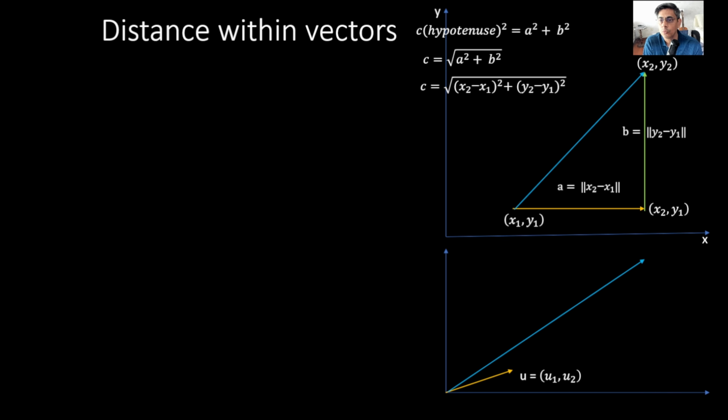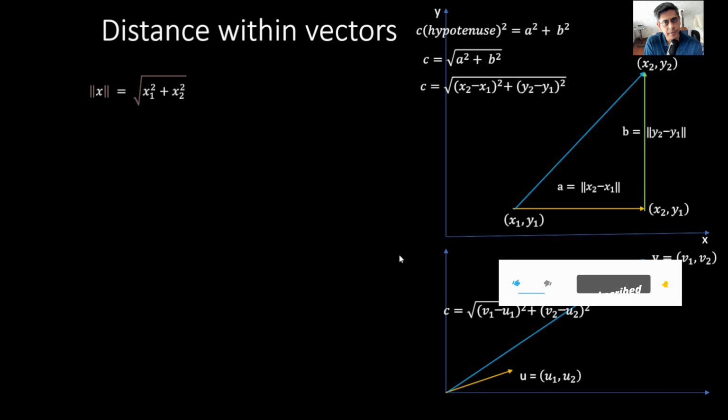And then vector v, which was x2, y2, can now be presented as v1 and v2. They are the two components of these two vectors, right? Now we can substitute in this formula, x2 minus x1, with x2 as v1 and x1 as u1, and similarly v2 minus u2 squared, which gives you the distance formula for vectors as well. So this is the scalar distance for these two vectors.